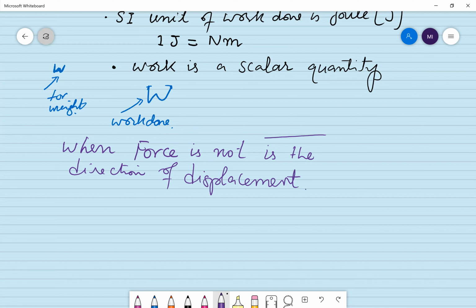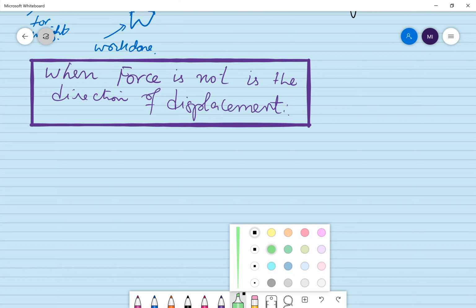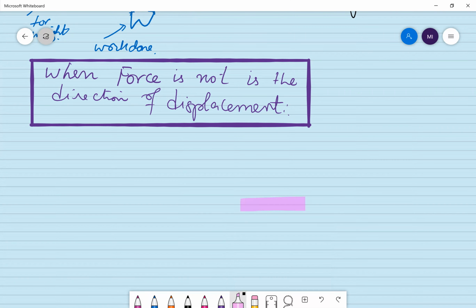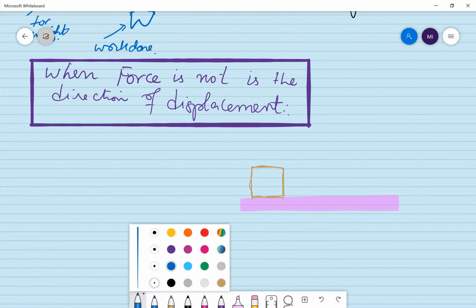A very similar situation, for example: there is a man pushing the cart like this. Let me make a box for you. Look at this box, it is being pulled in this direction.